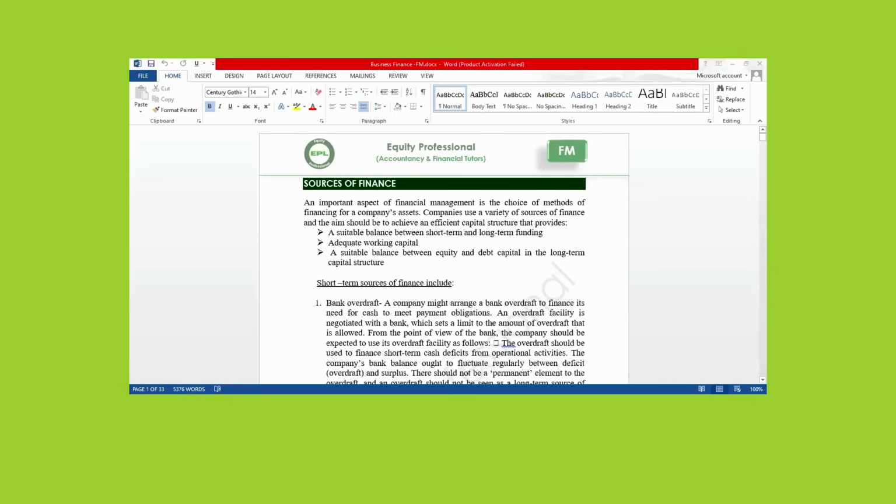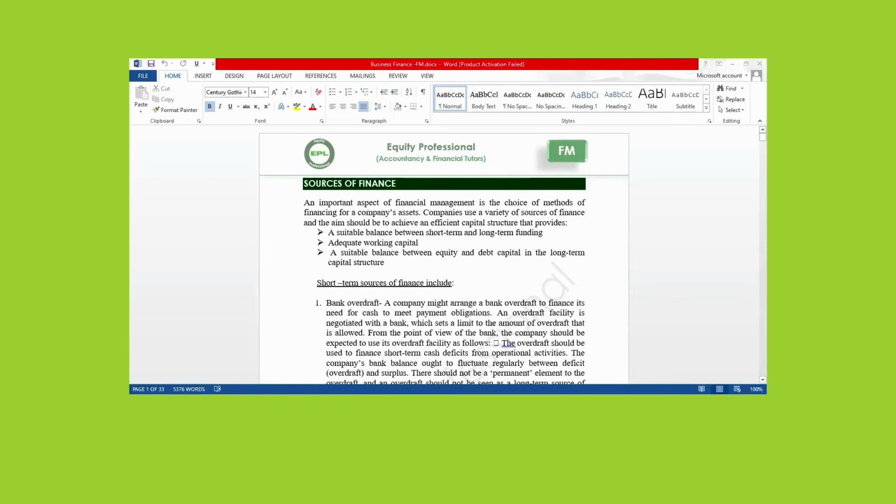Companies use a variety of sources of financing. What are we trying to say here? Companies use different methods of financing. Companies can finance their business with equity.